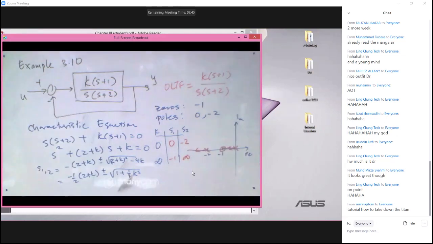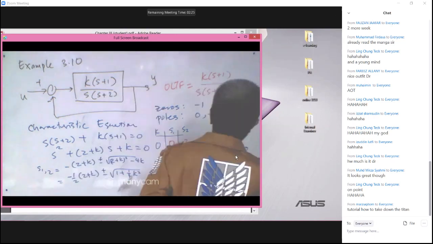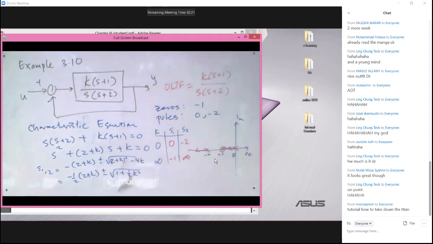It can be shown that when k is equal to 0, s1, s2 is equal to 0 and -2, so it starts at the poles. And since we only have one zero at -1, only one locus will end at a zero, and the other one will go all the way to infinity.